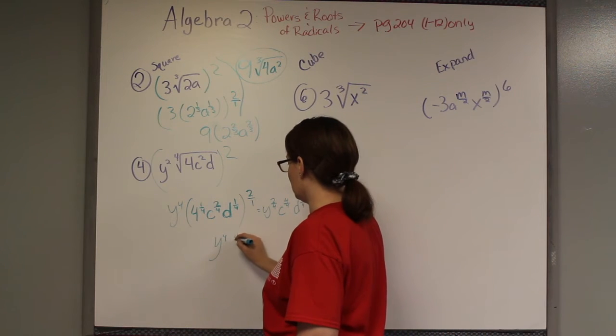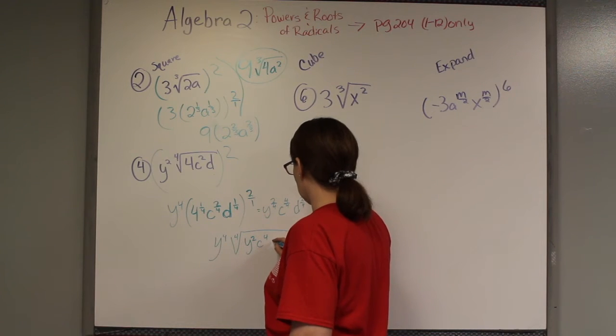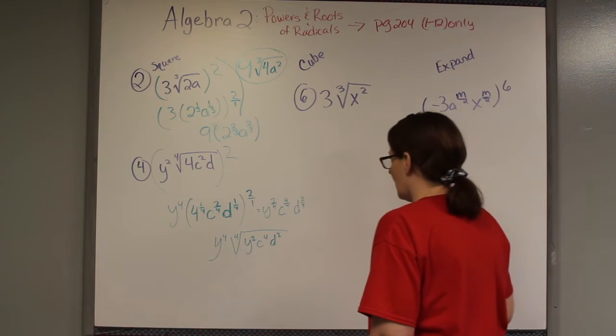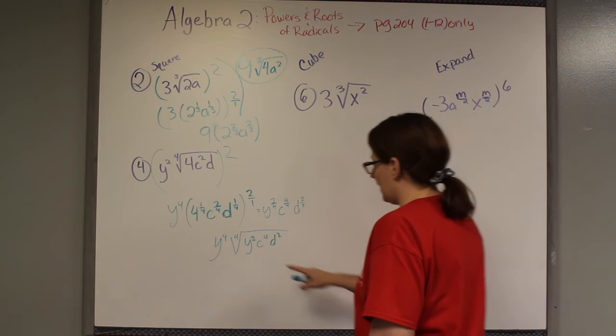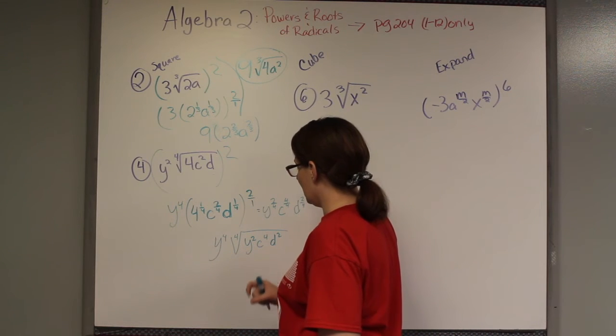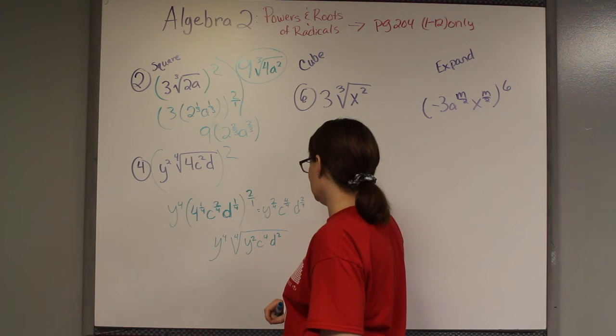So if I put this in here, that would be y^2 c^4 d^2. And I can take this one out and make it, no, that doesn't seem right.